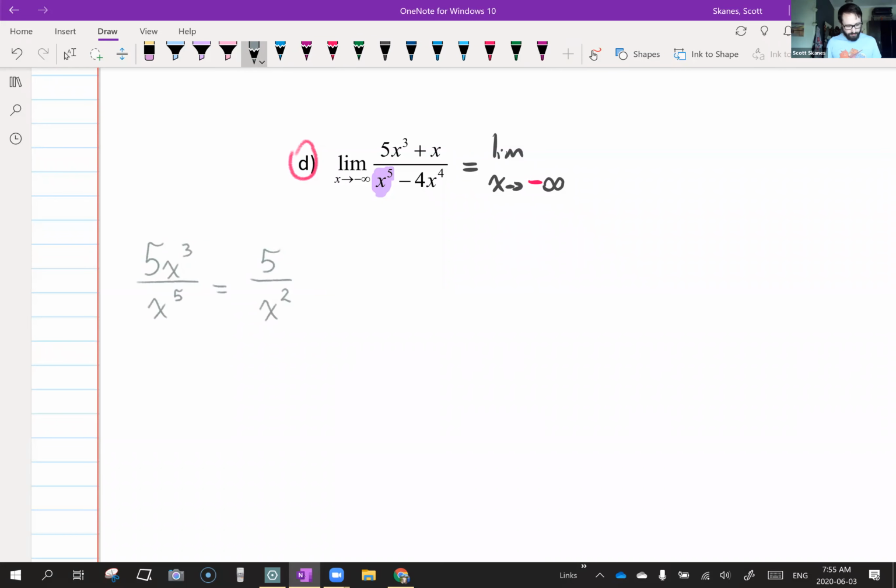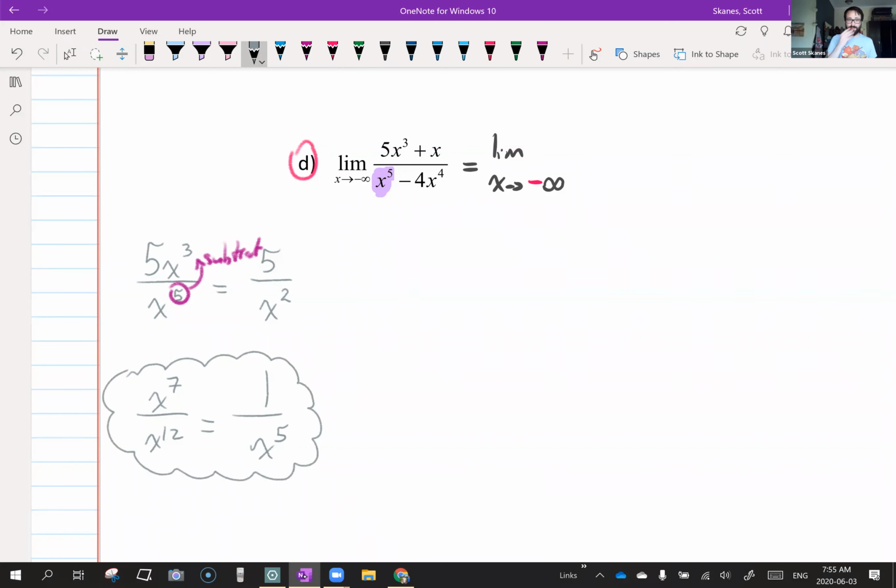And if you want to think of it this way, just take the bigger number, subtract the smaller number, and keep the bigger number where it was. So for example, if you had x to the power of 7 over x to the power of 12, what's 12 minus 7? 5. It'll just be 1 over x to the power of 5. You can work on that. It's just basic exponent rules, yeah?